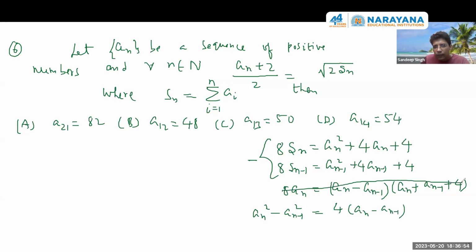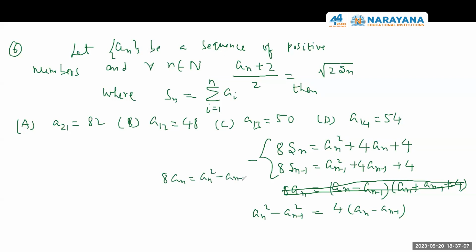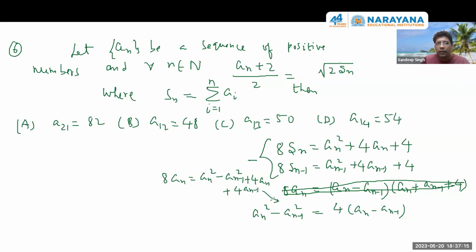Don't write this line, simply subtract this. If you subtract this, this will be 8a_n. So a_n squared minus a_{n-1} squared plus 4a_n plus 4a_{n-1}, and after this you write minus this, 4a_n minus 1. Correct?